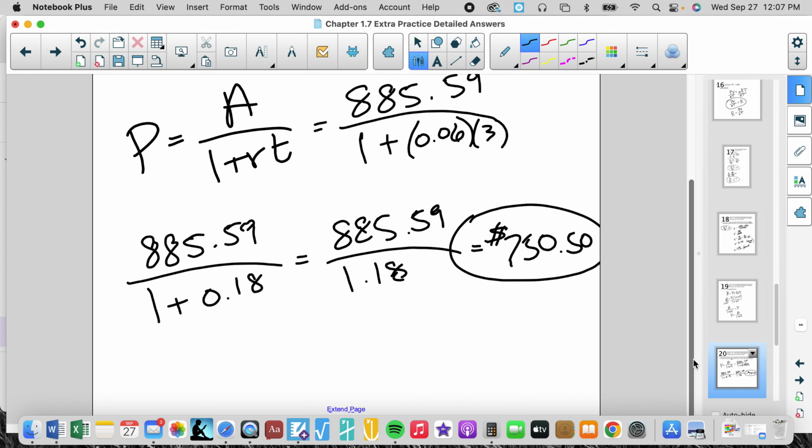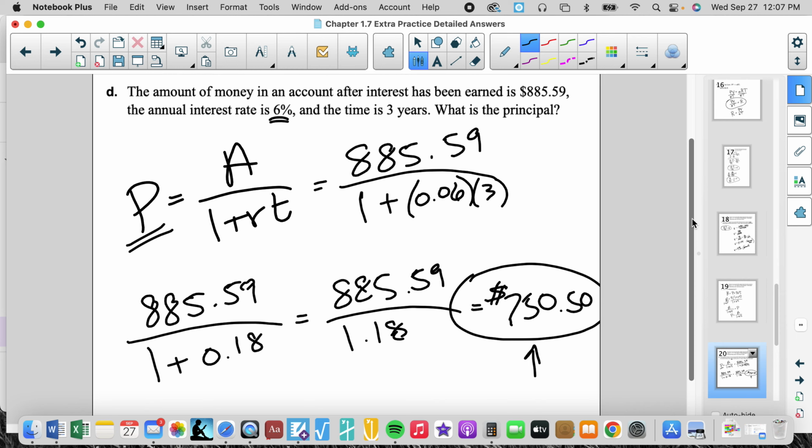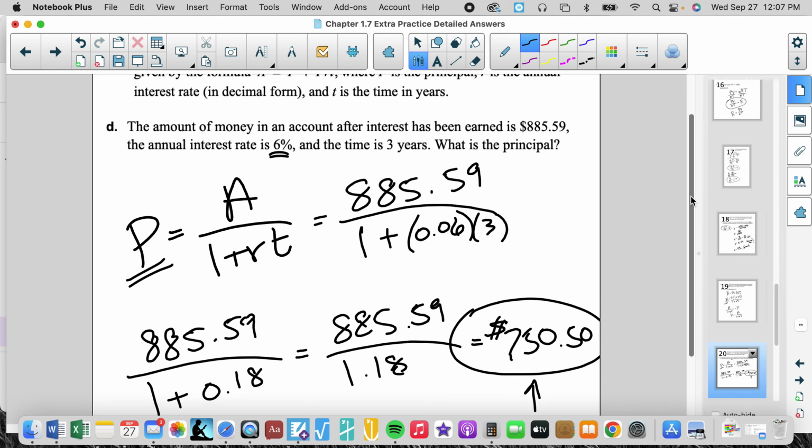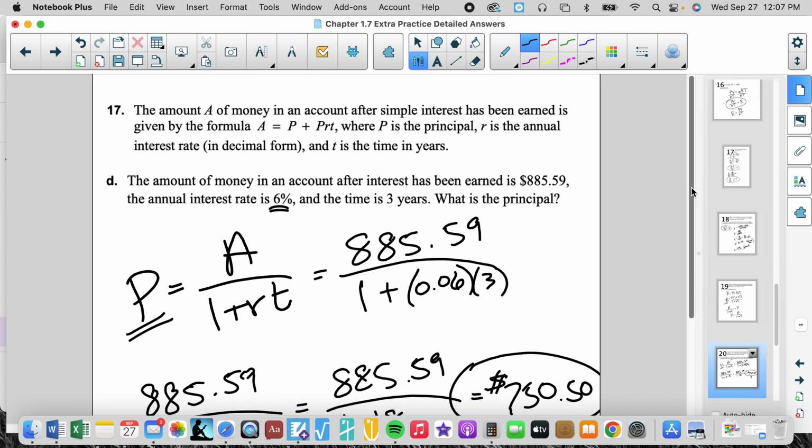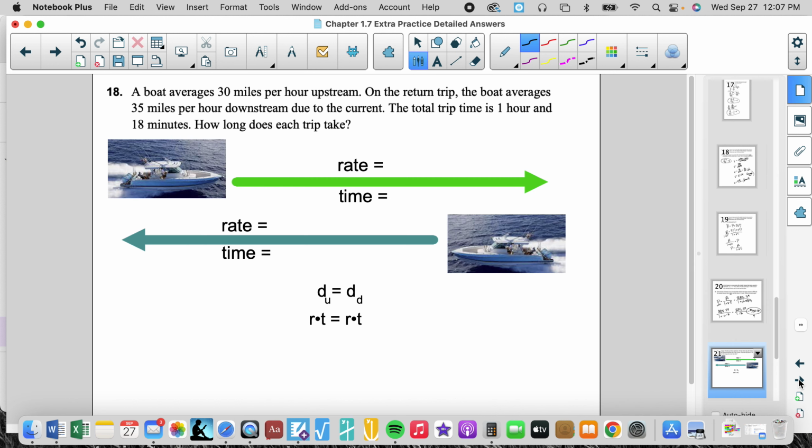That would be my principal, P. I solved for the principal. My starting money was $750.50 and I grew it to $885.59 over 3 years because of an interest rate of 6%. That was simple interest, so very, very simple compounding.